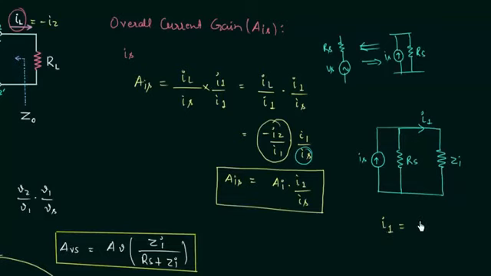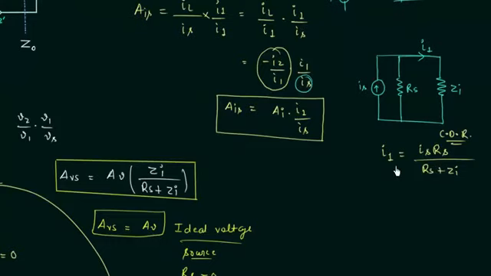Current I1 is equal to IS multiplied with resistance RS divided by RS plus ZI. This is using current divider rule, very simple rule which you can follow, and from this we can find out I1 by IS. I1 by IS is equal to resistance RS divided by RS plus ZI.